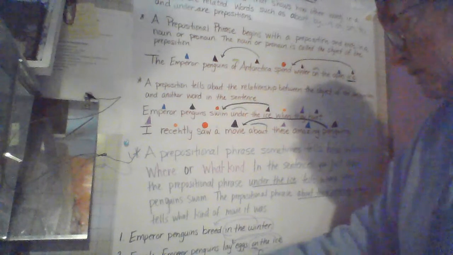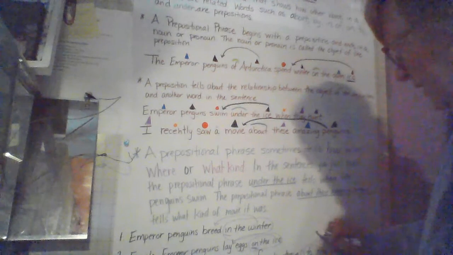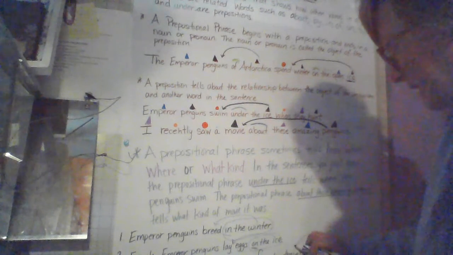Males watch the eggs while the females travel to the sea. Alright, this one is a really long sentence, but our prepositional phrase is just down here: to the sea, and it talks about how they travel.